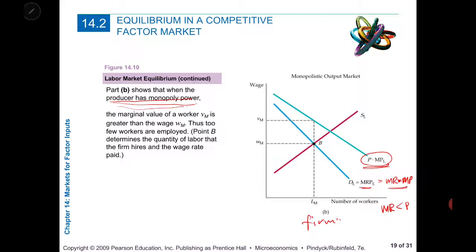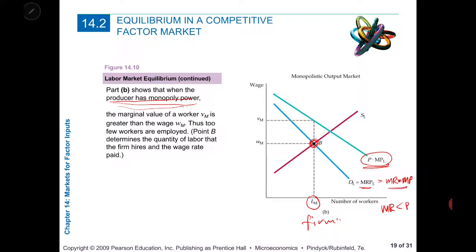Right, but the equilibrium is found similarly. We always find equilibrium at MRP, marginal revenue product, and the supply curve, which is S. So this is the equilibrium point.